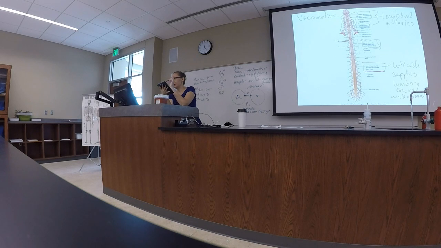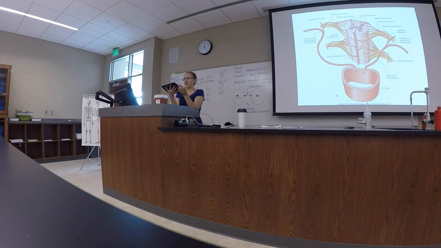Okay, so then let's go forward. Here's a better picture of some of these segmental arteries. So we have the posterior intercostal arteries coming off of the aorta, and a small branch, the posterior branch, comes off, and one of the branches off that posterior branch is the segmental spinal artery.